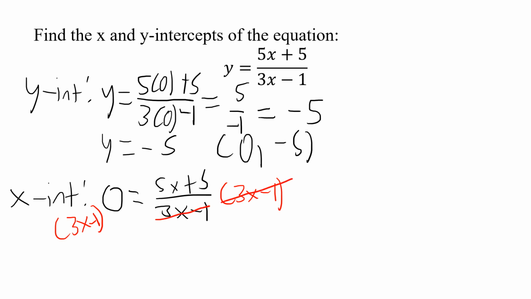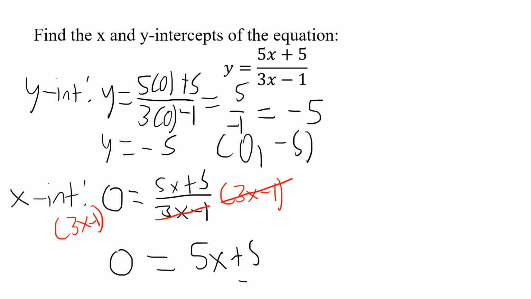And notice what happens on the left-hand side. 3x times 0 is 0. Negative 1 times 0 is 0. So what we're left with is 0 equals 5x plus 5. Now we're going to finish getting that x by itself.